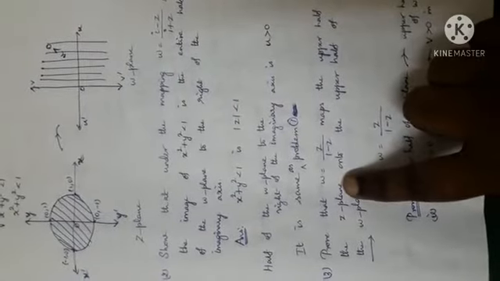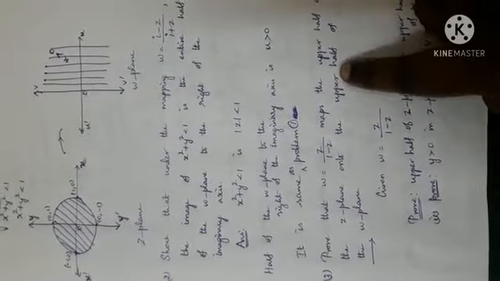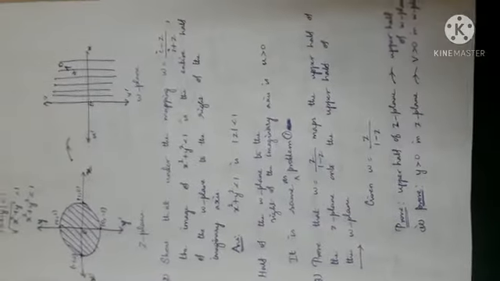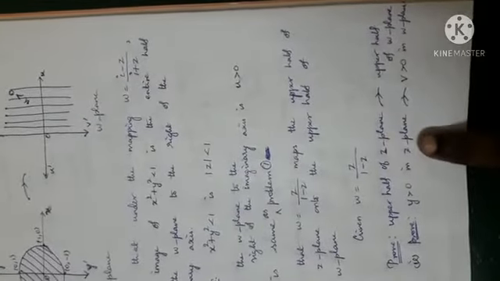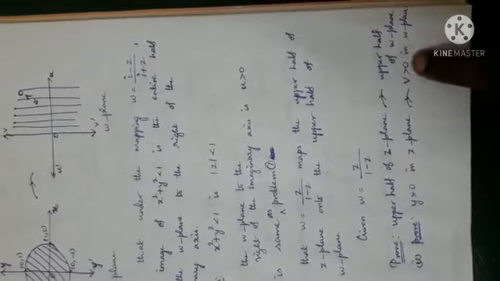So we have to prove y greater than 0 in the z plane is transformed to v greater than 0 in the w plane under the transformation z by 1 minus z.